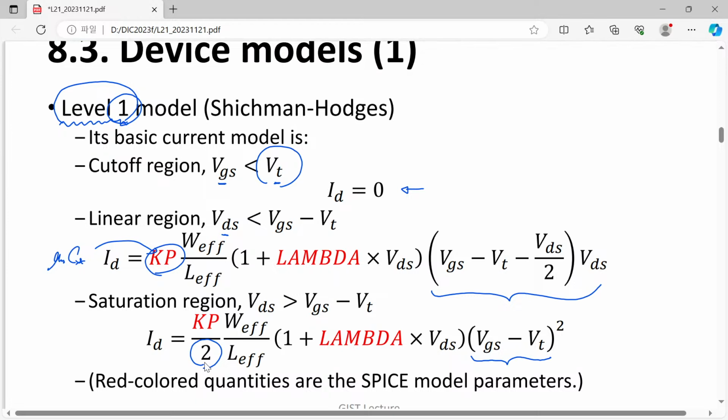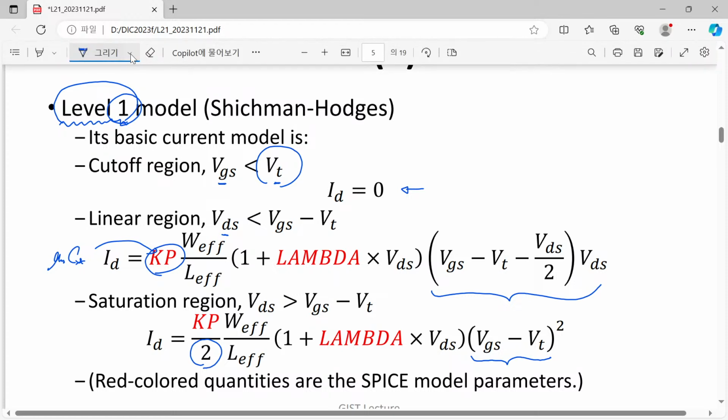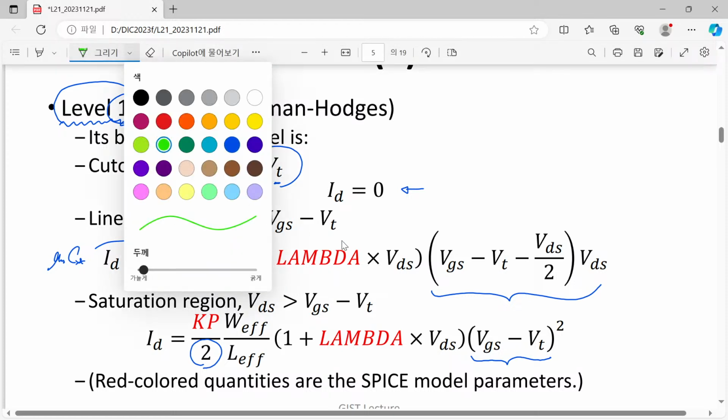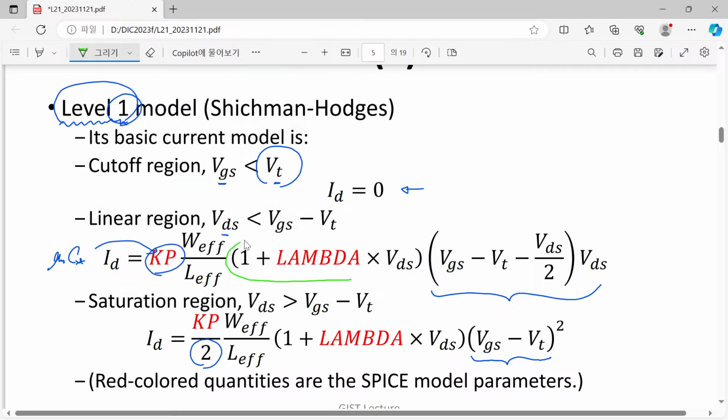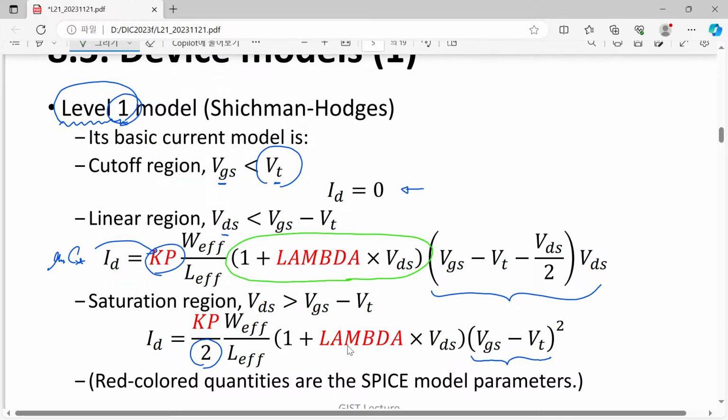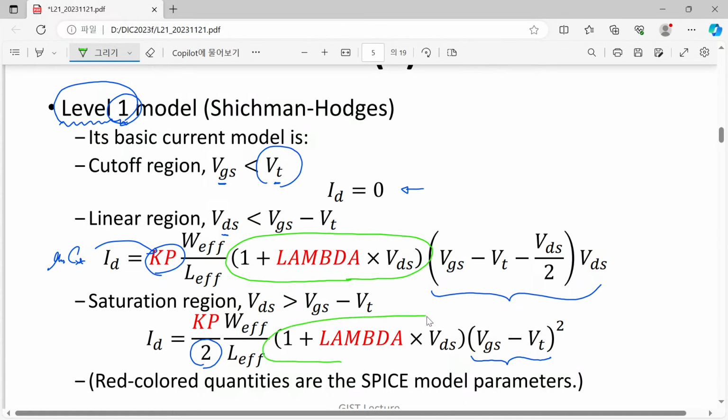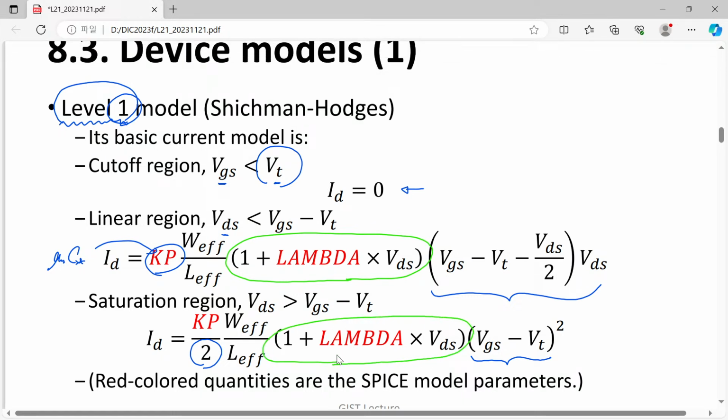Compared with our previous IV characteristics already discussed in this course, the only difference is this one here. We have additional drain bias dependence.